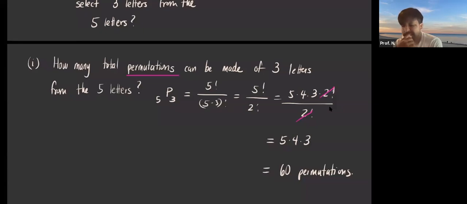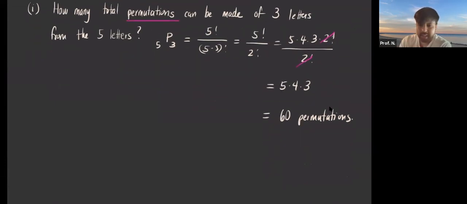Anybody? You see how there's 6 versions of ordering 3 letters? No, there's 60. Yeah, there's 60. And what are those 60? Are we going to write them out? You've got to be kidding me, right?